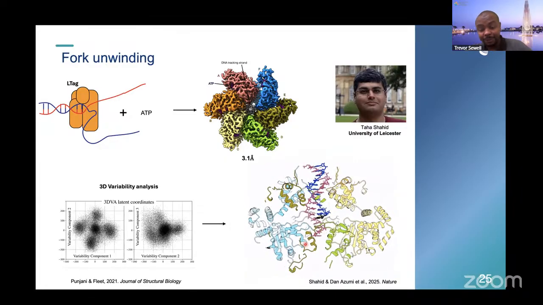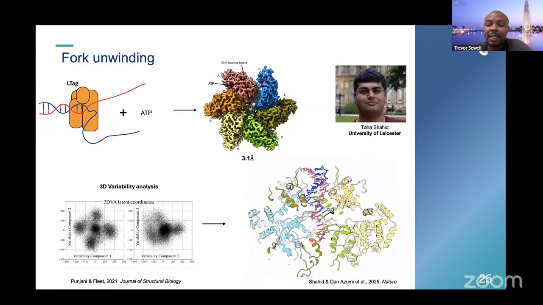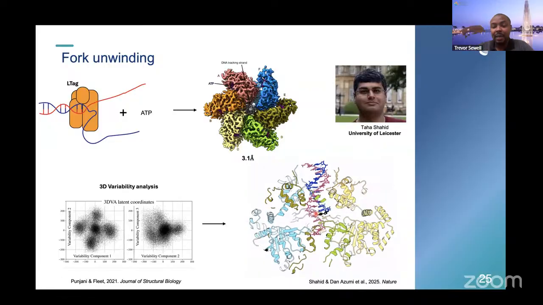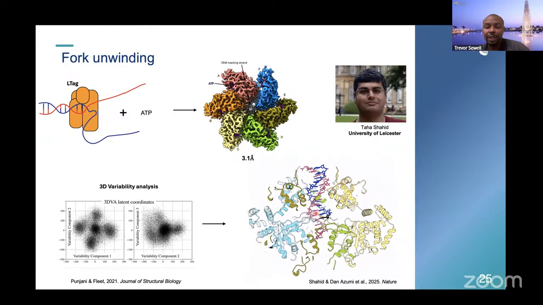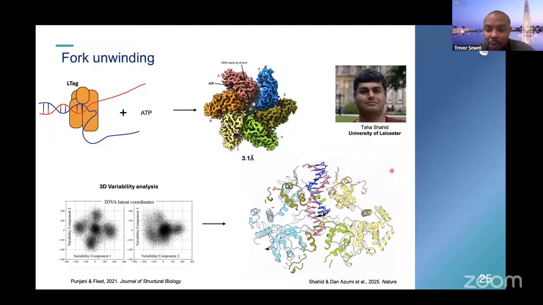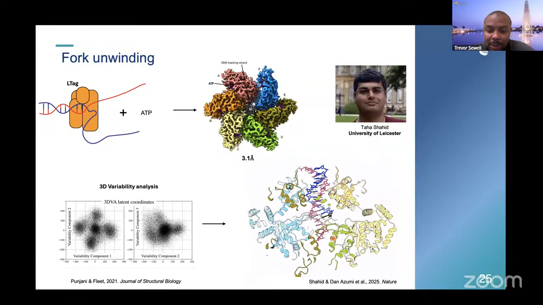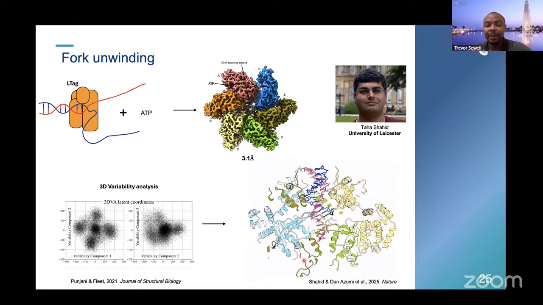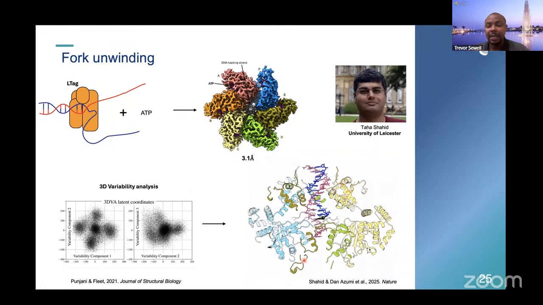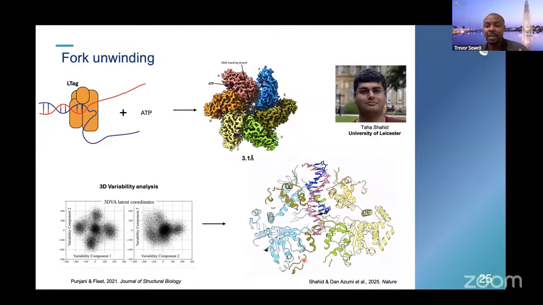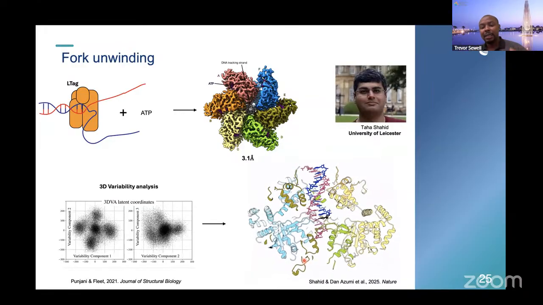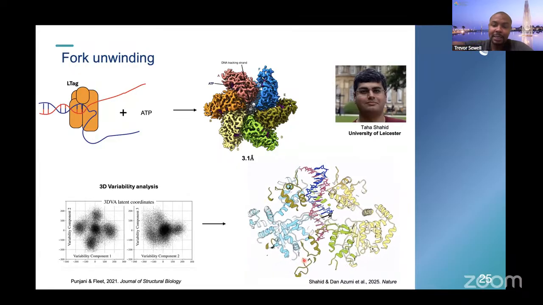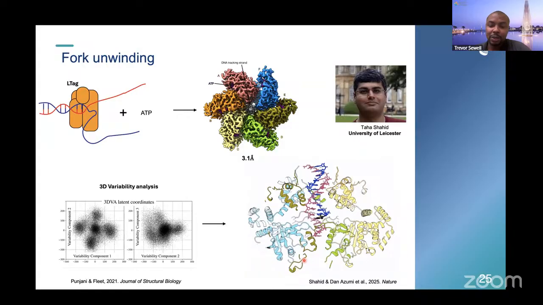The one here in cyan is rearranging from its initial position, moving up to capture DNA and pull it down into the channel. So in summary, what Taha showed was that as ATP hydrolysis occurs, the C-tier of the helicase relaxes such that the DNA binding loop can move up and capture DNA at an elevated position and drag it into the channel.